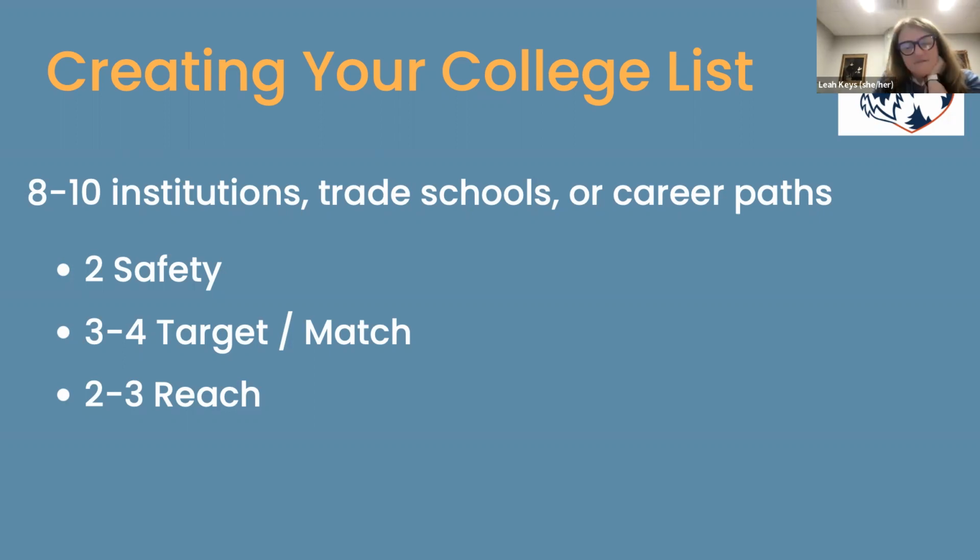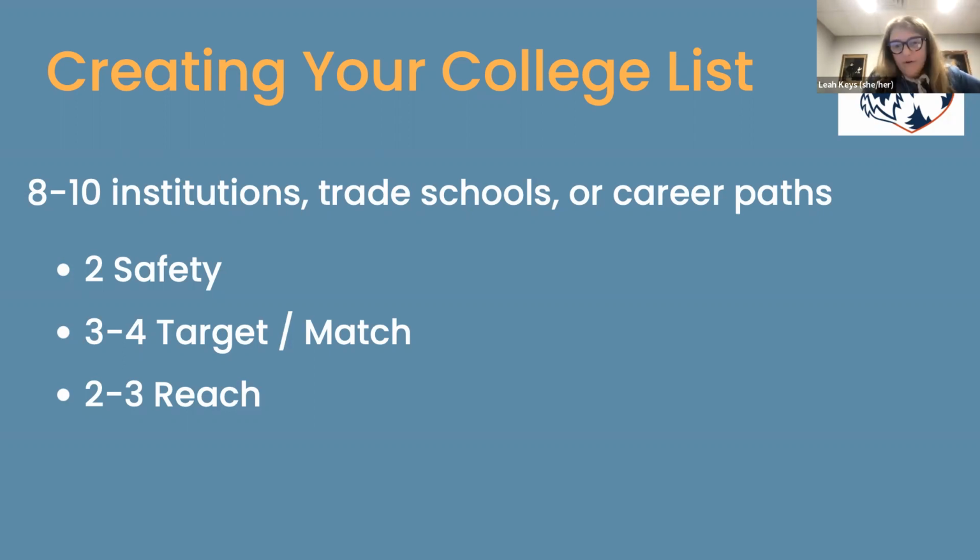Just that, and again, it is self-reported. However, when you are looking at maybe a test score or a GPA that you have, that can sometimes be factored in. If it's out of your range, basically, that's considered a reach school.